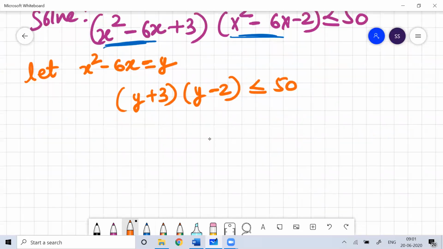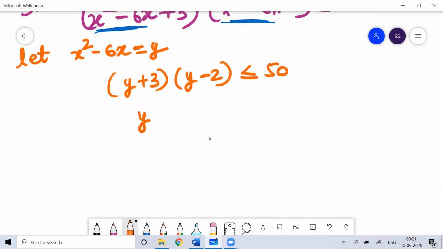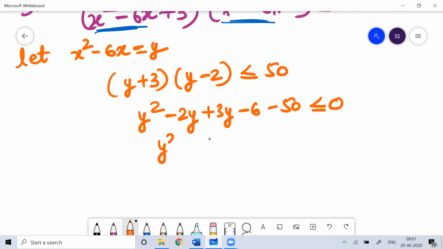Okay, simple. So I can write y square minus 2y plus 3y minus 6 minus 50 is less than or equal to 0. So y square plus y minus 56 is less than or equal to 0.